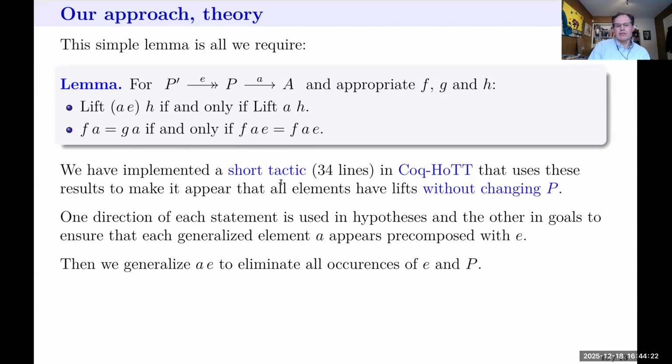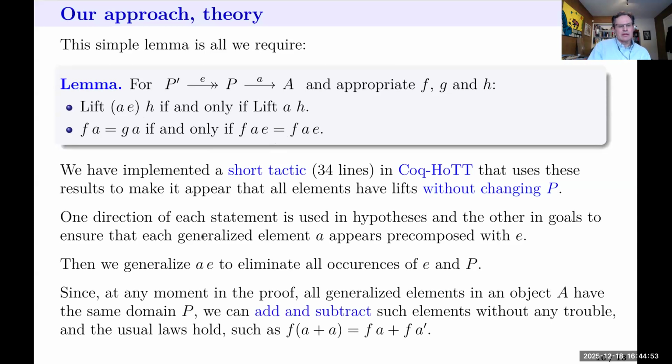It's 34 lines that we implemented here. That lets you do these steps that I outlined, where you use one direction of each one of these statements in hypotheses and the other direction in goals, to always ensure that all your generalized elements are precomposed with E. And once they are, then you can generalize them, rename them, and so on to do that same procedure that I illustrated.